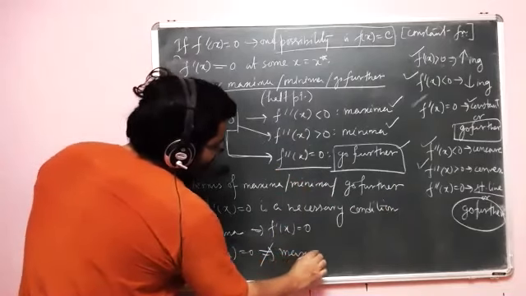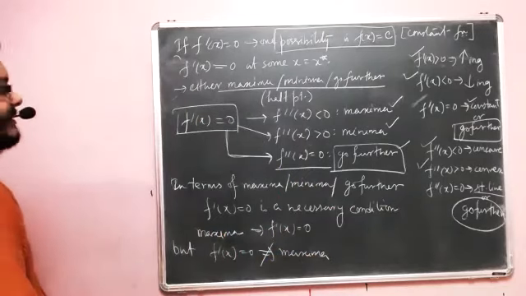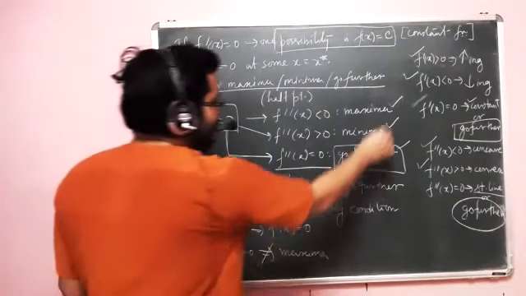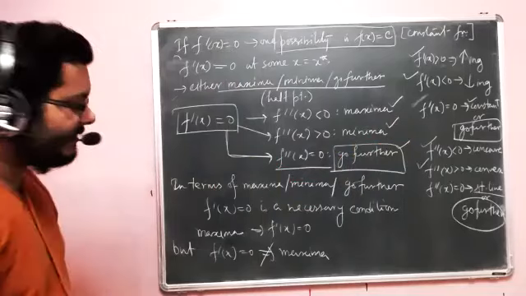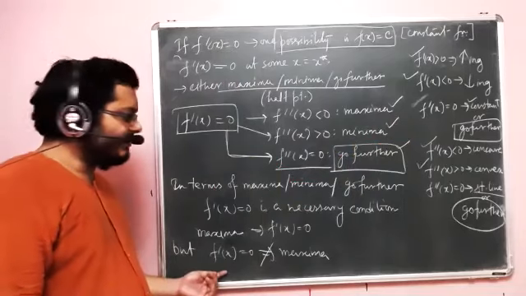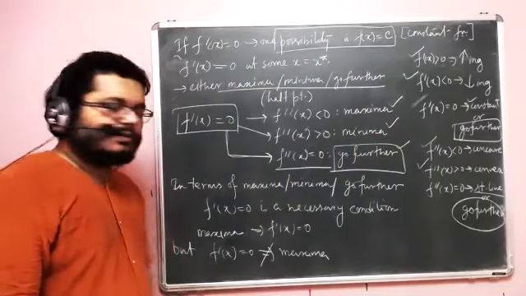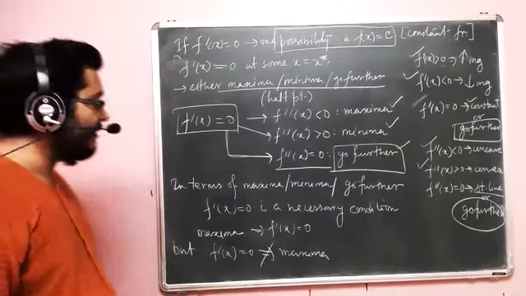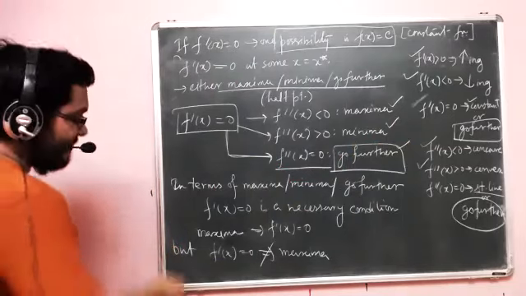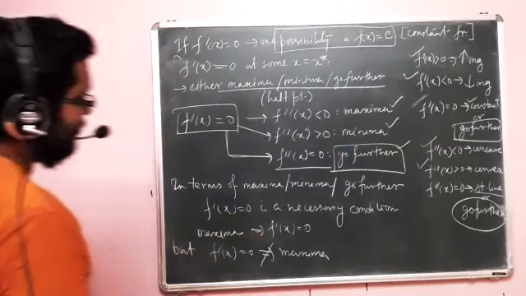And why is that? Because we know that for f dash equal to 0, we have three possibilities. So if we start with f dash x equal to 0, we can't tell whether we are talking about maxima or minima or something else. But if it is maxima, then obviously f dash x equal to 0.